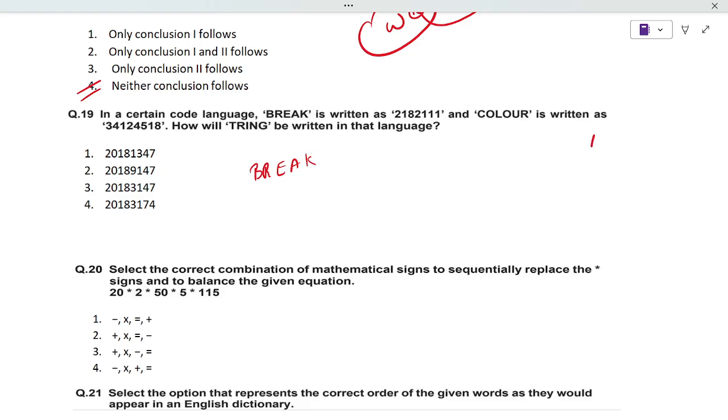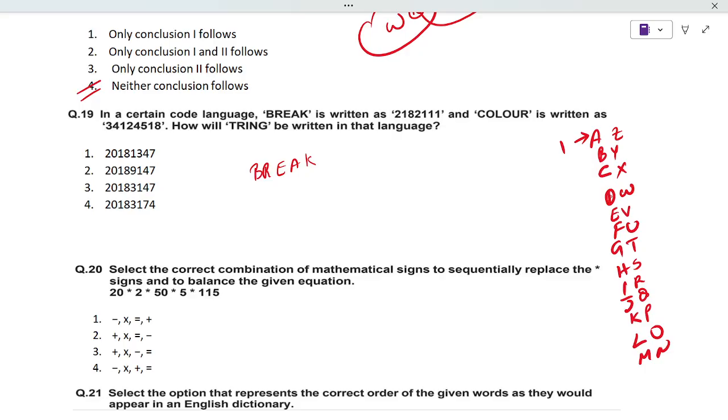So we have A, B, C, D, E, F, G, H, I, J, K, L, M, N, O, P, Q, R, S, T, U, V, W, X, Y, Z. Corresponding number means A is 1, B is 2, C is 3, D is 4, E is 5, J is 10, 13, O is 15, 20, 25.